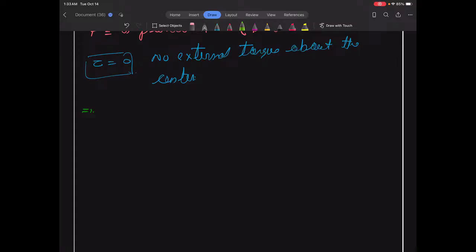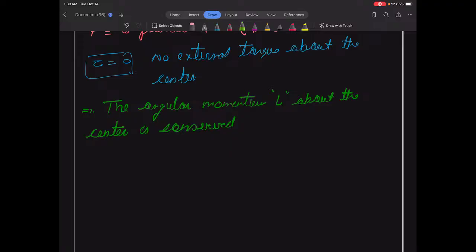Therefore we can say that the angular momentum, let us call this L, about the center is conserved all the time.